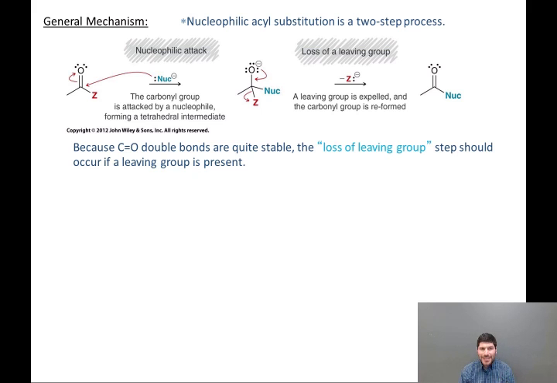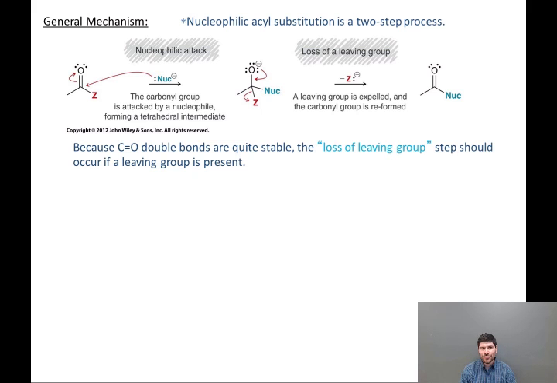This is completely analogous to what we saw in the reactions of nucleophiles with aldehydes and ketones. Okay, so the intermediate that you get here, we call it a tetrahedral intermediate because the geometry at the carbon that used to be the carbonyl carbon is now tetrahedral. It was trigonal planar when it was a carbonyl carbon.